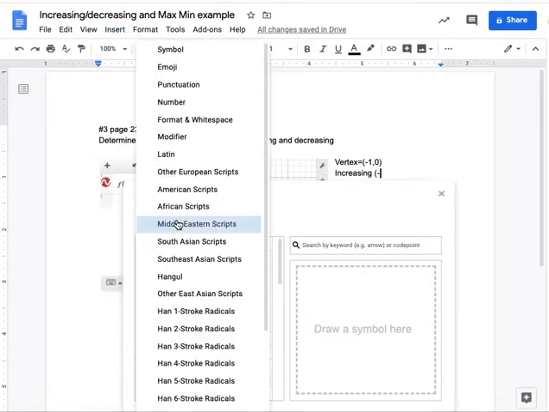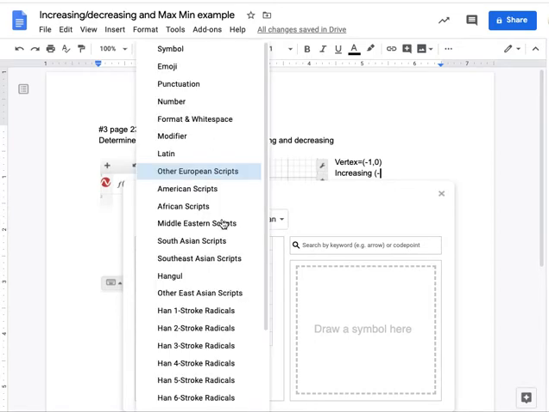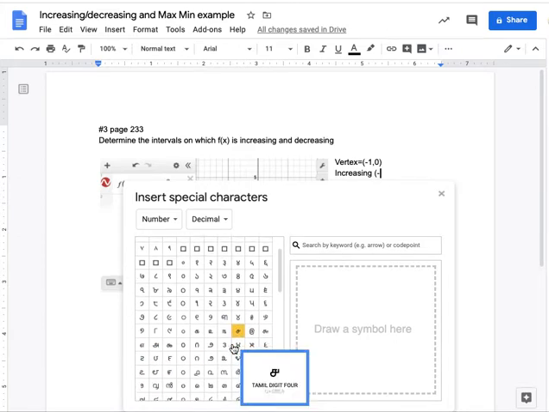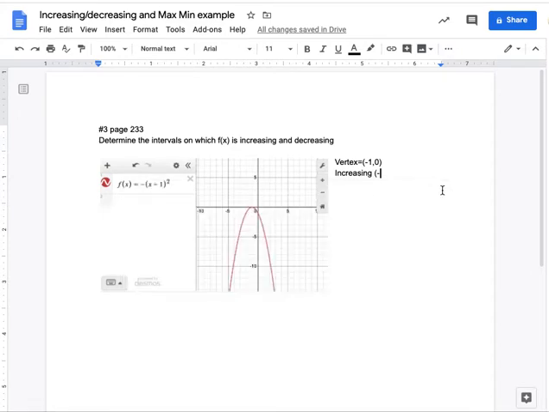I know I've done this before. Nope. Number, maybe under number. All right, well, I don't see it, so I'm just going to type in the word infinity. From negative infinity, and it is going to continue increasing until it hits an x value of negative 1.